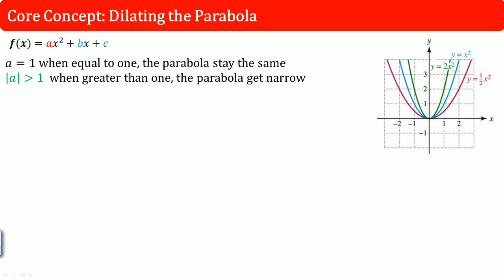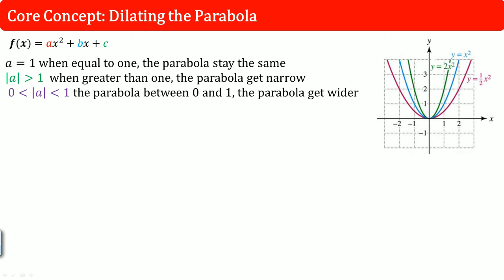In green here, I show you that A is now greater than 1. And when I look at the A, I am only looking at the magnitude. That refers to just the number. When the number of A is greater than 1, the parabola gets narrow. Notice the green here is more narrow.